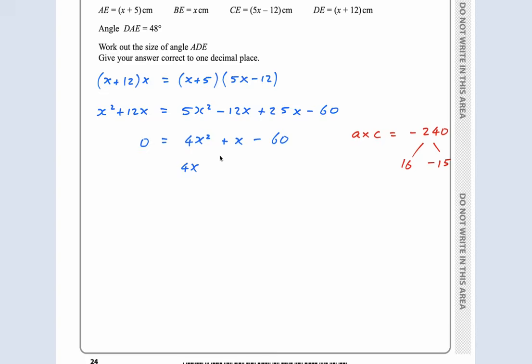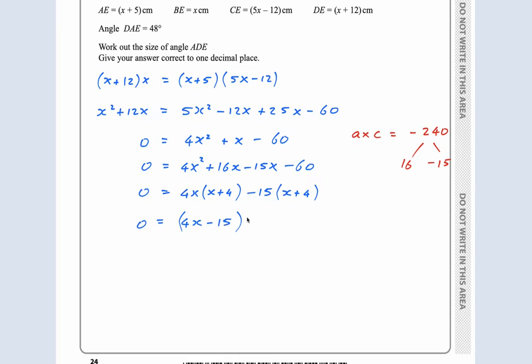So it's 4x squared plus 16x minus 15x minus 60 equals 0. Factorize the first two, so I have 4x into x plus 4 minus 15 into x plus 4, giving me factors of 4x minus 15 times x plus 4.